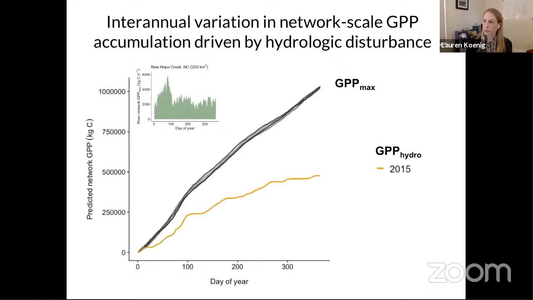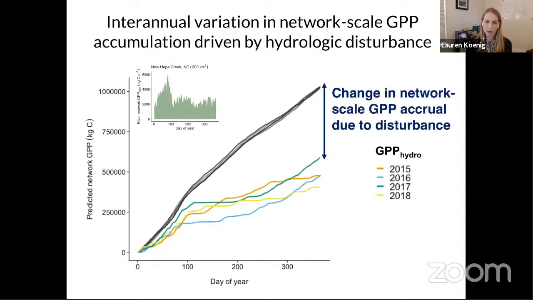So once we include the effects of hydrologic disturbance, what we see is that network scale productivity is reduced by 50 to 60% compared to potential productivity based on light alone. Further, we see a lot more interannual variation. Okay, so interannual variability in precipitation and the timing of storms becomes important.